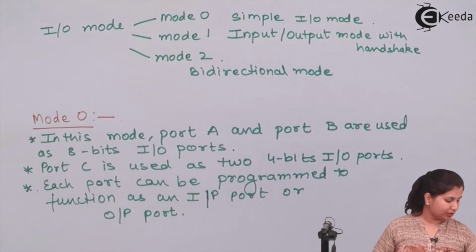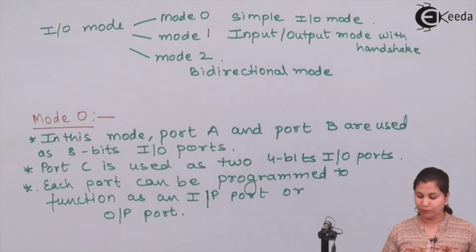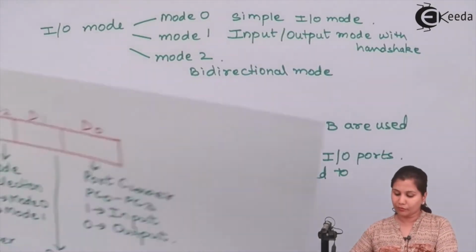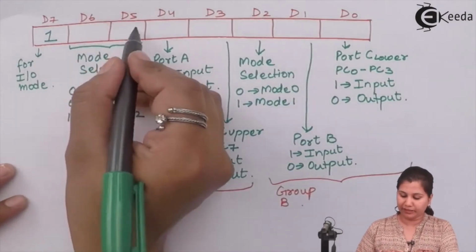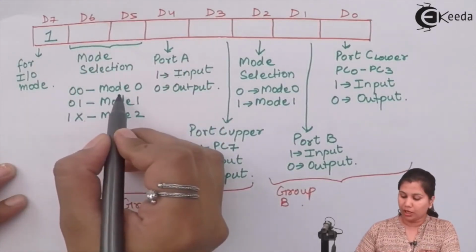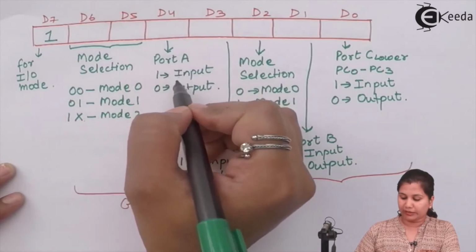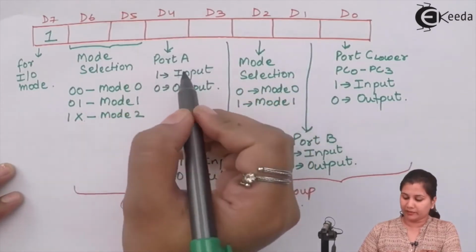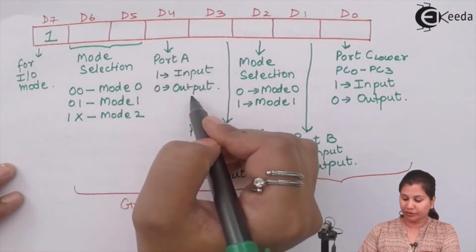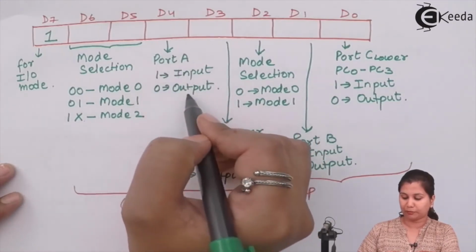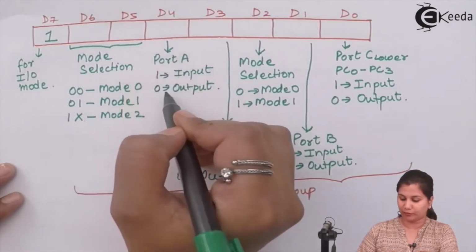So if we see the control word again, for mode 0, the D6 and D5 bits have to be 0 0. If port A is to act as an input port, then its bit will be 1. If we are using port A as an output port, then this bit has to be 0.